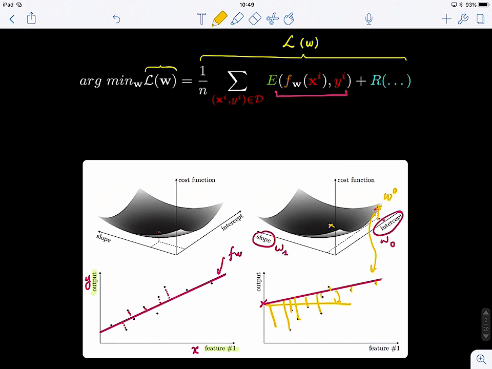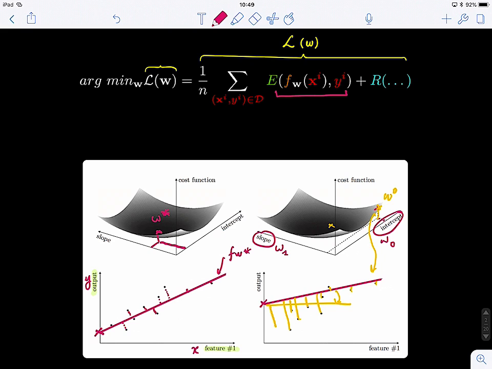Okay? So in the second case, once we find the optimum, right here, we find the best slope and the best intercept. So this is our optimal point, our W star, right? So f of W star, we can see it's a very good fit to our data. So the regression works very well because it minimizes the error between the observations and the fit line.